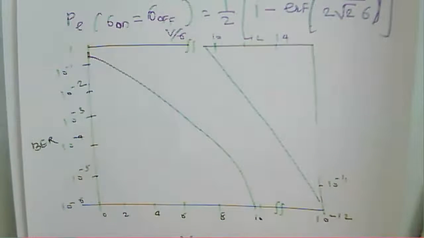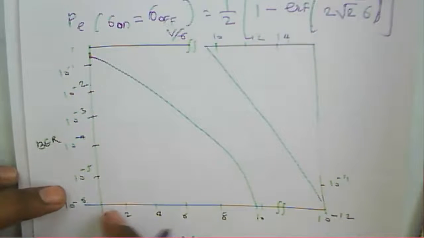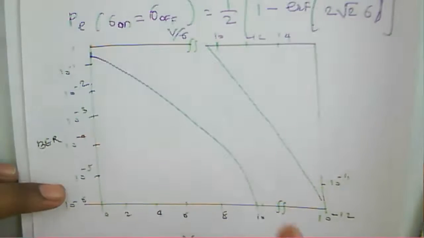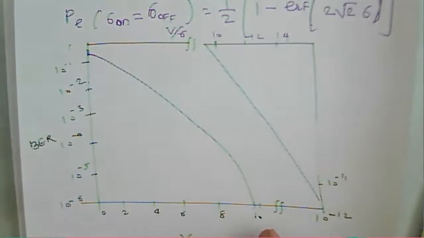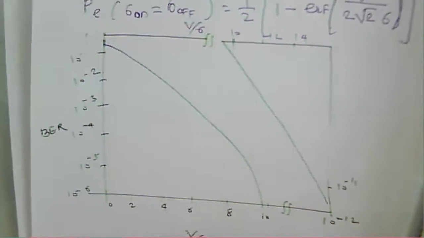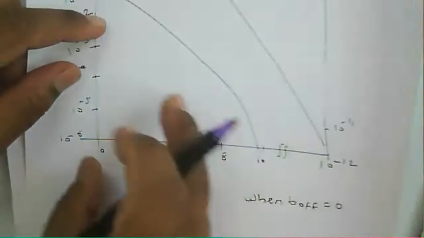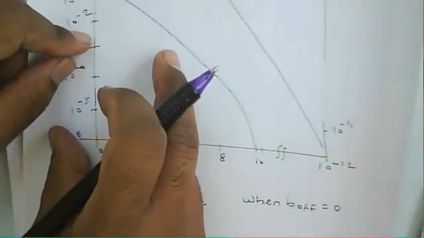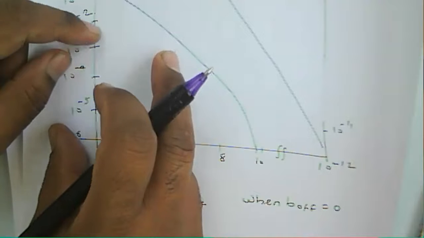Means from this particular case, if we consider that V by 6 is increasing here, then BER will be decreasing here. Okay, from this graph, we can say that BER will be decreasing when V by 6 will be increasing here.